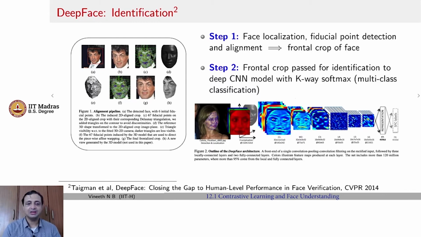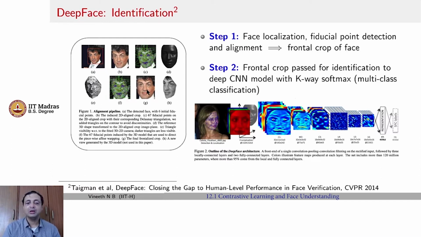Once this is done, these are then cast onto a 3D model onto which this particular face image is projected, and that 3D model is then normalized into a 2D face image with its corresponding fiducial points, which is converted to a frontal crop of the image.